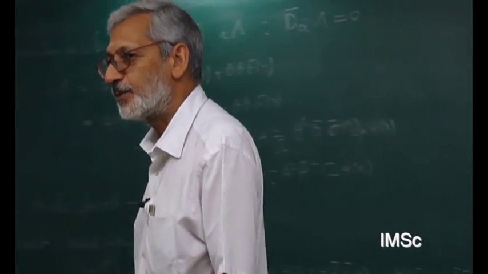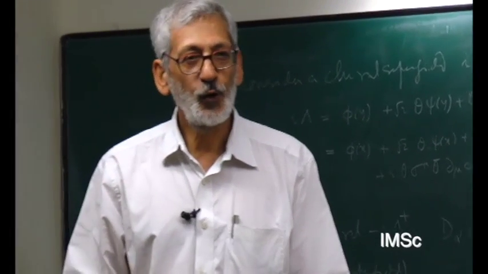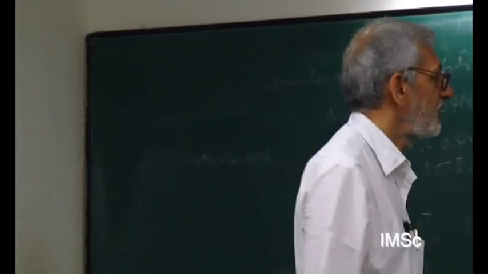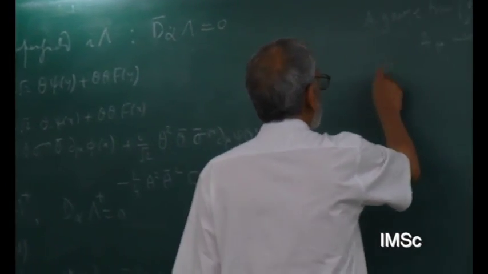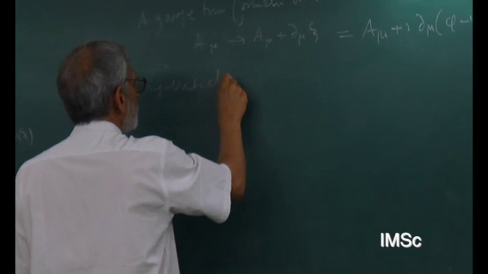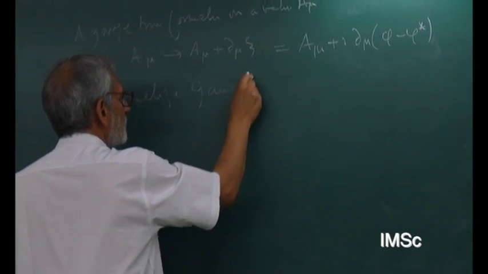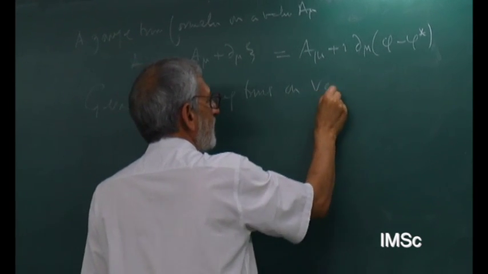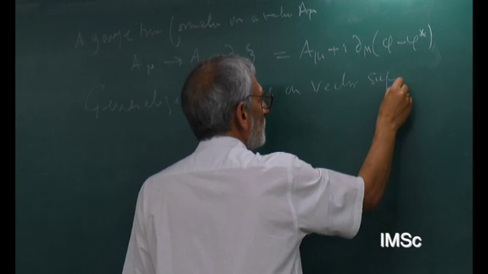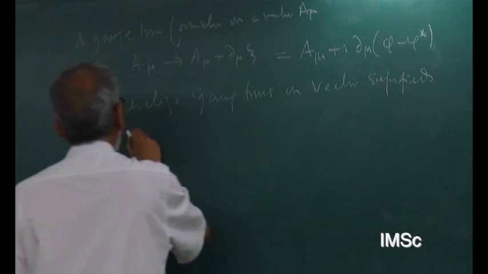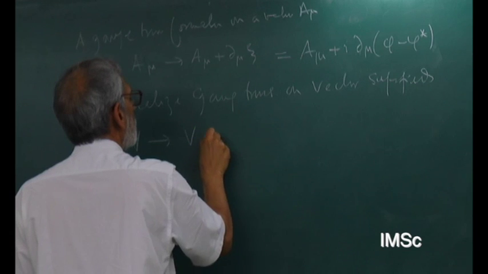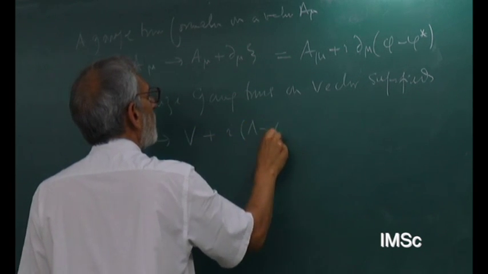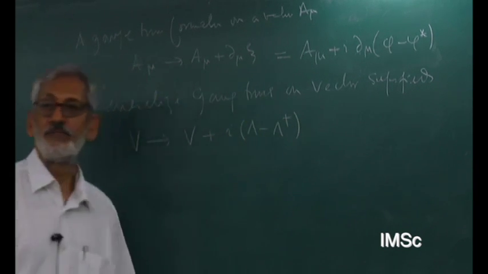So if I generalize the gauge transformation on vector fields to a gauge transformation on a vector superfield, all I did was generalize it, on vector superfields, by saying that V goes to V plus i lambda minus lambda dagger.